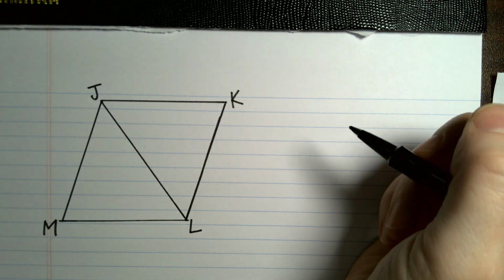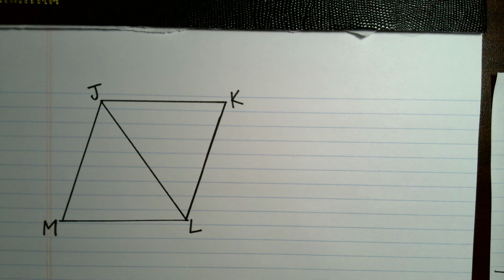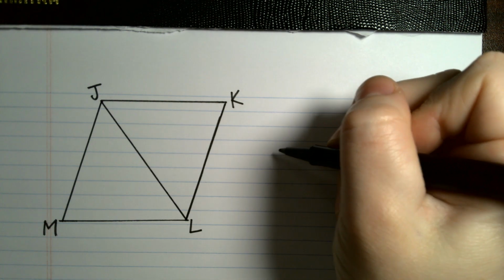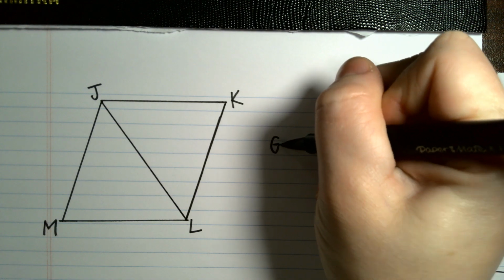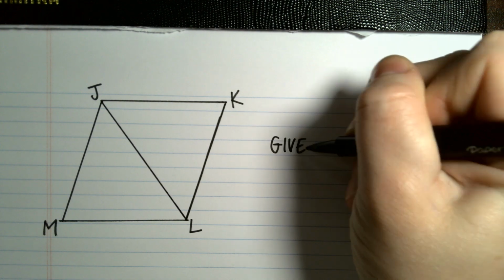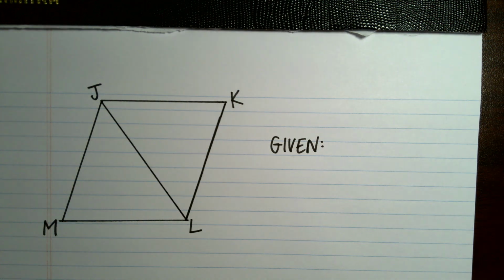Whenever we're trying to prove that two triangles are congruent, usually you're given a piece of information. So I'm going to tell you what is being given to you.